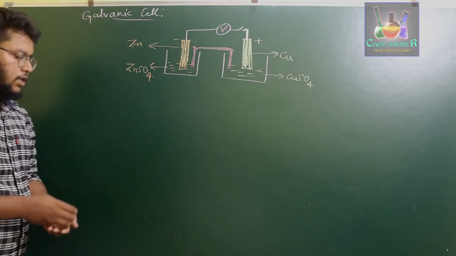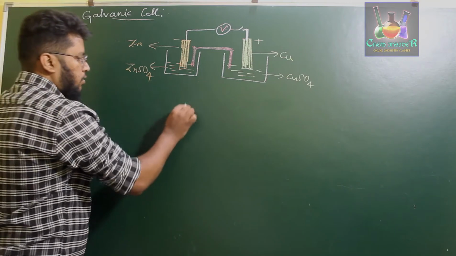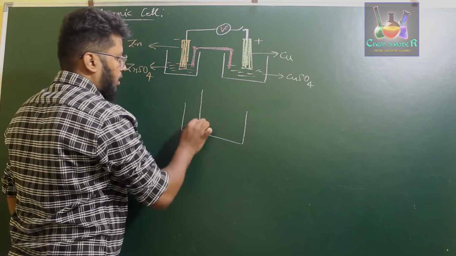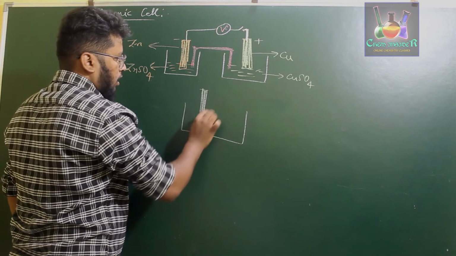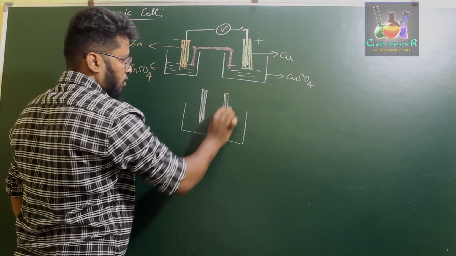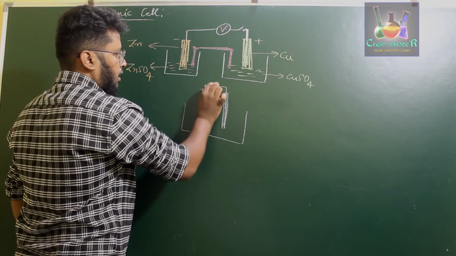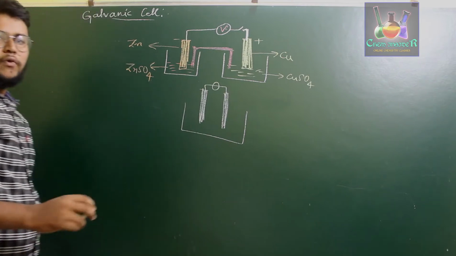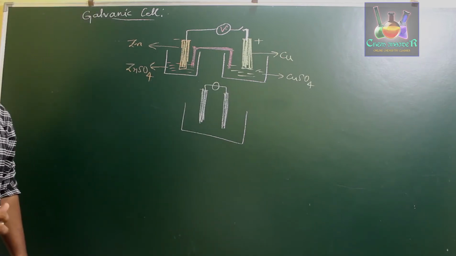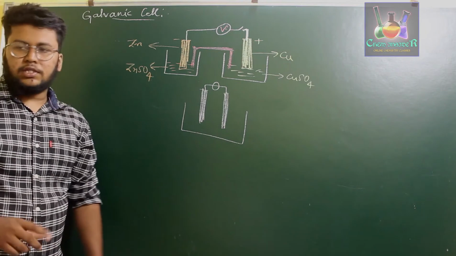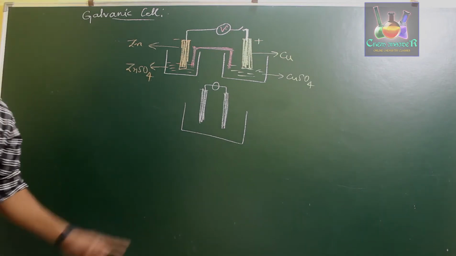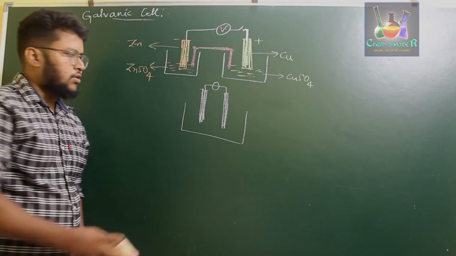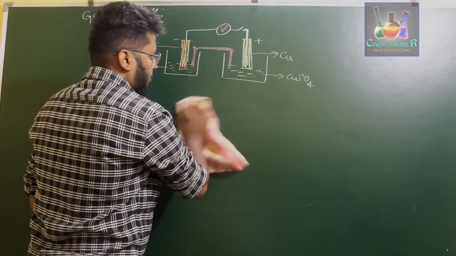What happens if both electrodes are dipped in the same solution and interconnected to a voltmeter? Then there is no requirement of using a salt bridge. But in this condition we are supposed to use a salt bridge because we are taking the electrodes and the electrolyte solution in two different containers.